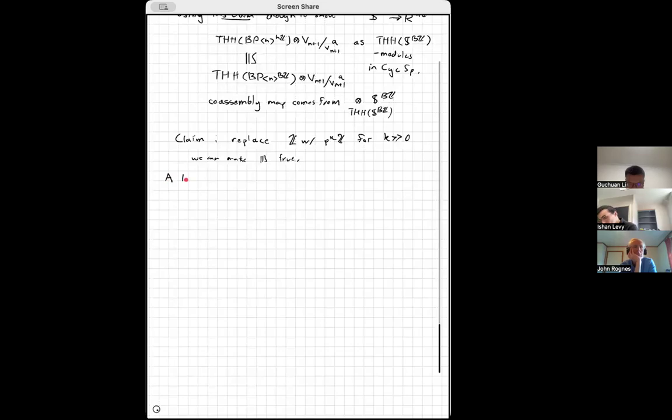So a locally unipotent object, what does that mean? A locally unipotent object, a spectrum, let's say, with an action of the integers, and let's say it's p-complete, is one satisfying the following equivalent conditions.